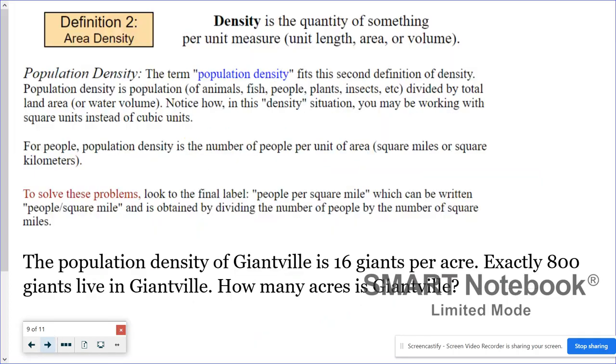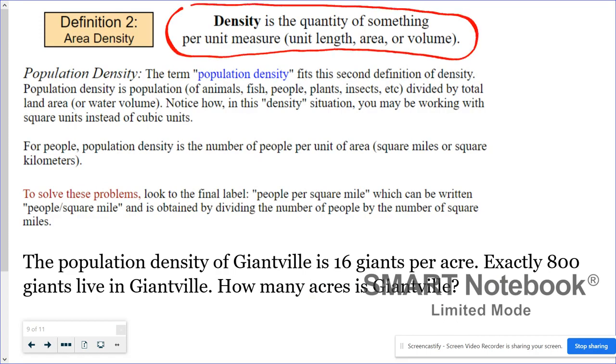So density, all right. One of the descriptions of density was that it's the quantity of something per unit measure. So that unit measure could be volume, it could be area. Population density problems are common, especially when it comes to those standards assessments.